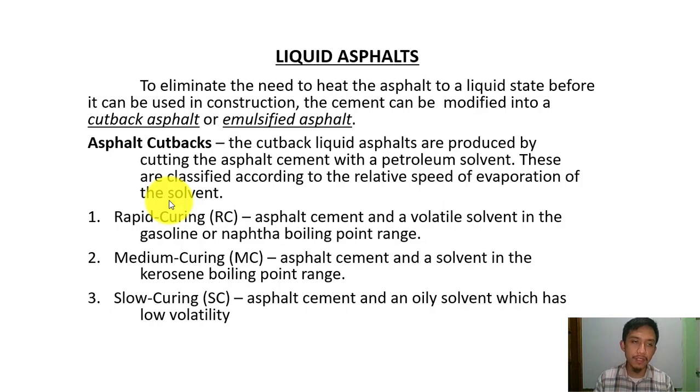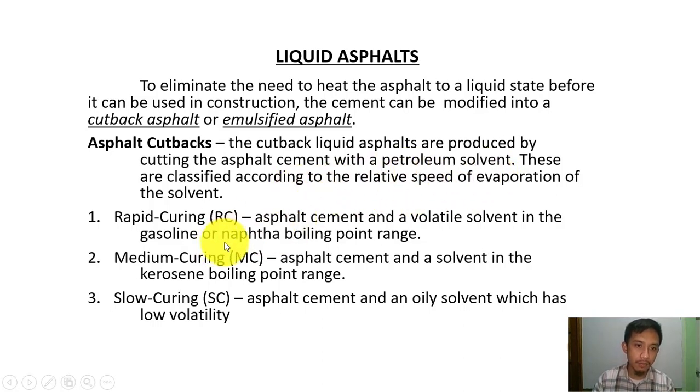Therefore, after some time the solvent should evaporate, so that the binder returns to its original solid state and works as it is supposed to. So the cutback asphalt is subdivided into classes, depending on how fast the solvent will evaporate.